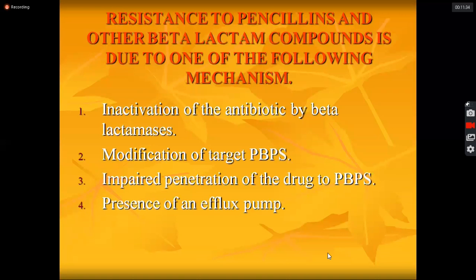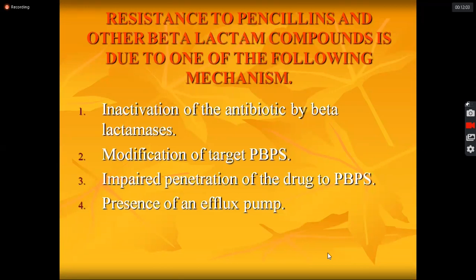It could be the entry of the drug inside the cell. The entrance door, the porin channel, may have some changes or mutation, which makes the drug unable to enter into the cell. This is one mechanism. At this point, I'm just telling you the general mechanisms, not specifically of penicillin. So there could be some problem in the entrance of the agent inside the cell.